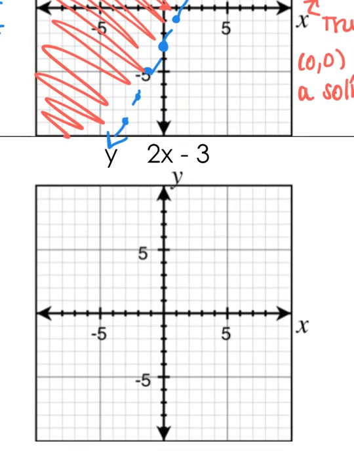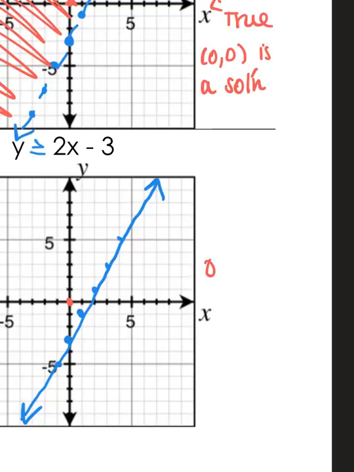The fourth one is greater than or equal to. So I start with those same points. And again, this is an or equal to sign, so that is going to be a solid line across my graph. Test the point 0, 0, and I get 0 is greater than or equal to 2 times 0 minus 3. 0 is greater than or equal to negative 3, which is true.